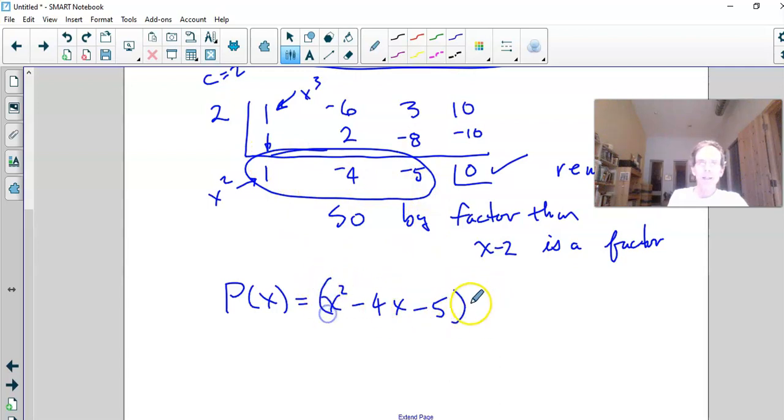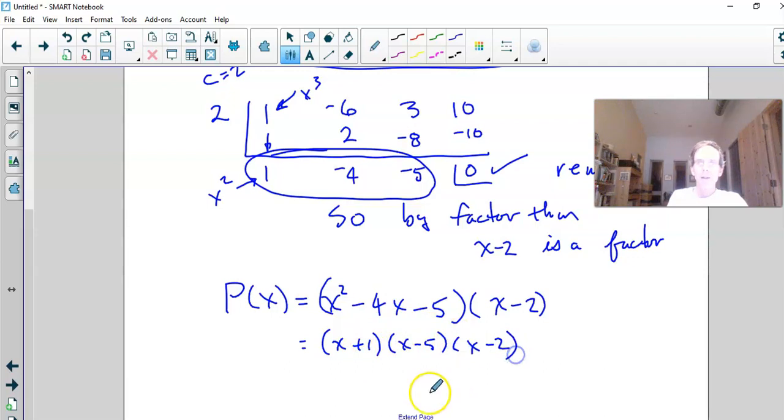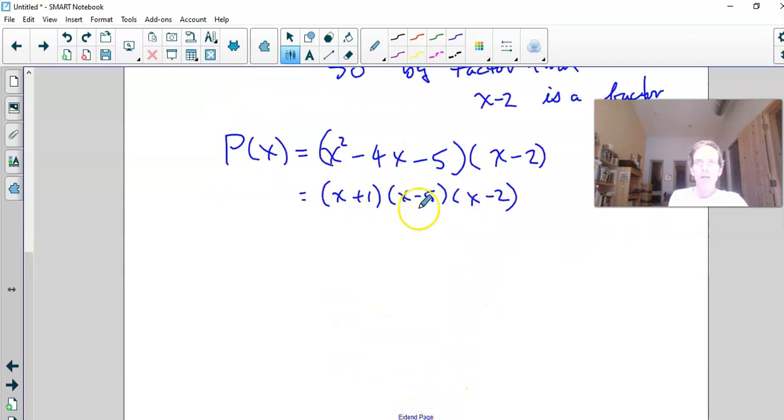And then the factor x minus 2, multiplying that quotient, will be the polynomial. In fact, we could completely factor because this trinomial that remains is factorable over the integers. What is it? 2 numbers that add to negative 4 and multiply to negative 5. I think that'd be 1 and negative 5, right? And then there's the factor we just found.